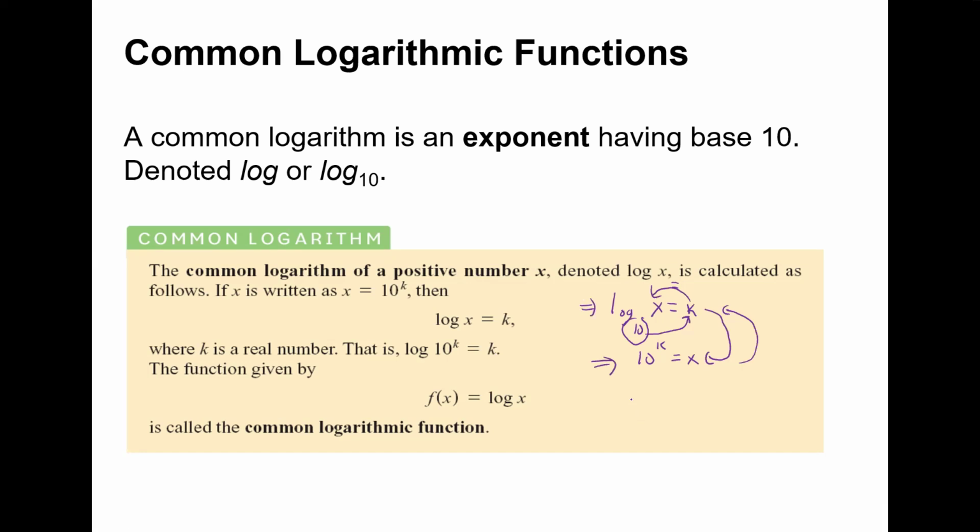Now, another thing is what it's saying here. When we have the log of, say, 10 to the k, and again with nothing written as the base, it's the same as log base 10. If we have log base 10 of 10 to the k, we can bring that k down in front.